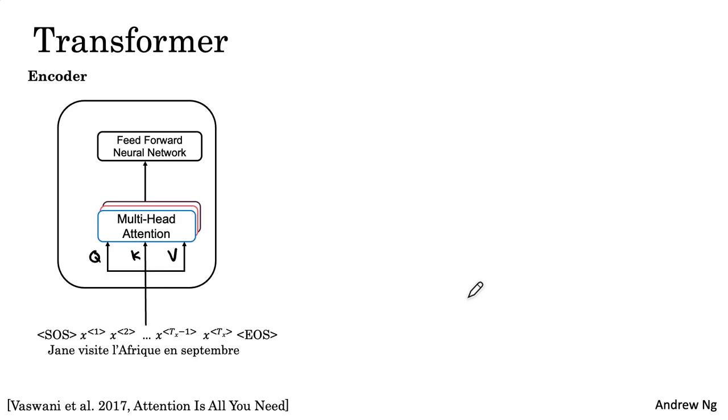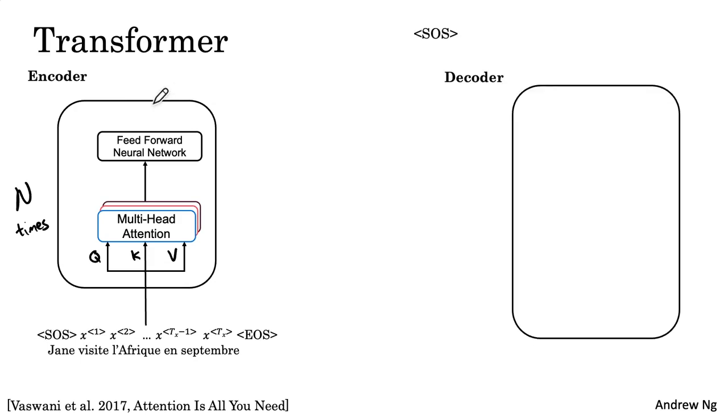In the transformer paper, this encoding block is repeated n times, and a typical value for n is 6. So after maybe about 6 times through this block, we will then feed the output of the encoder into a decoder block. Let's start building the decoder block.